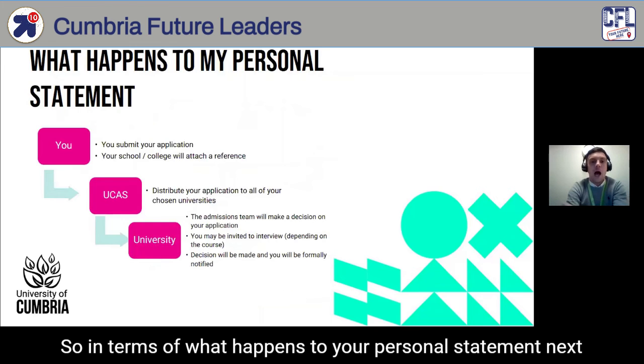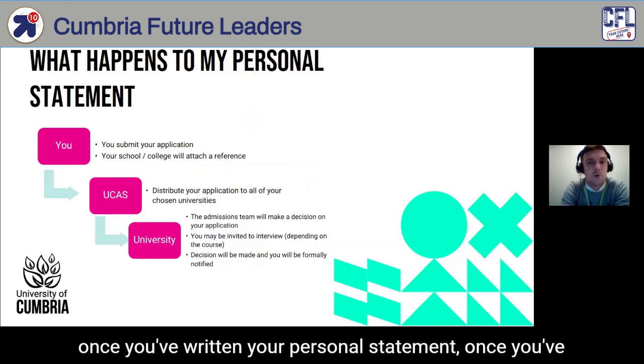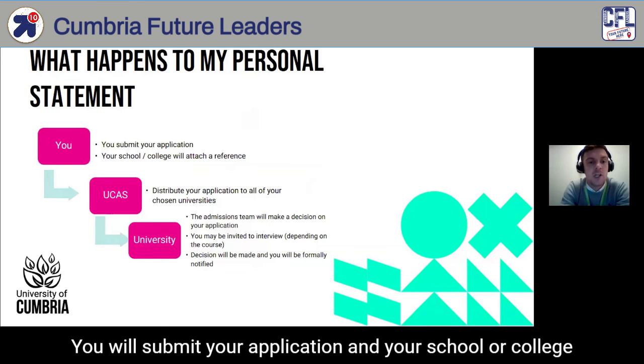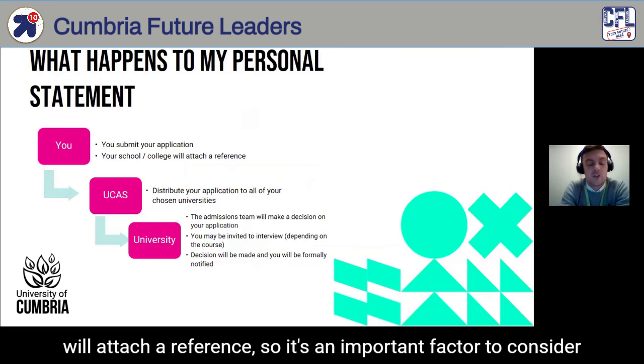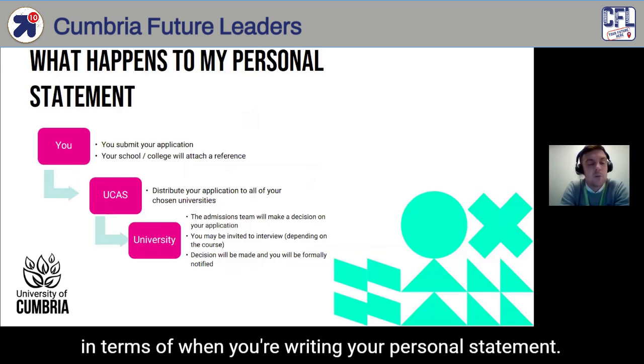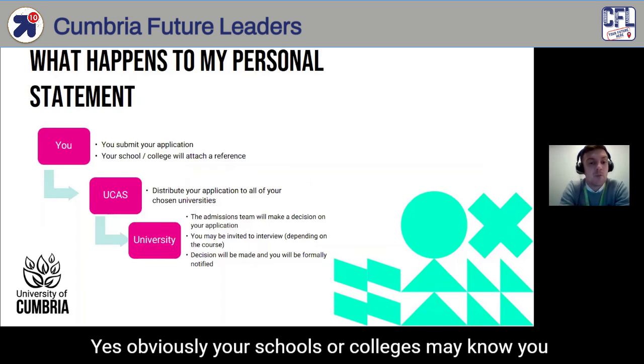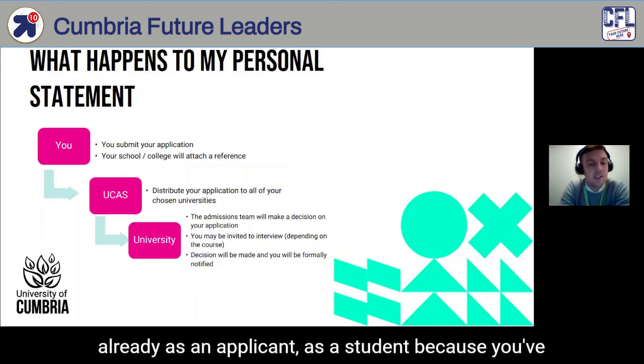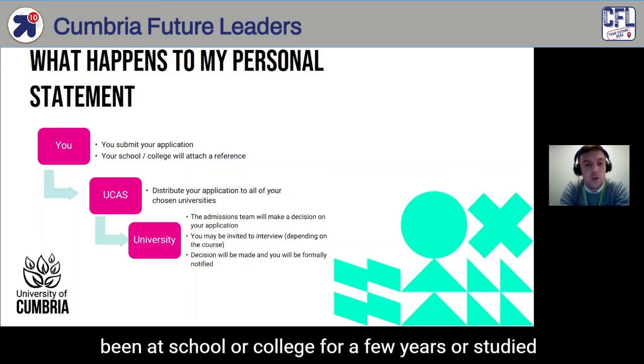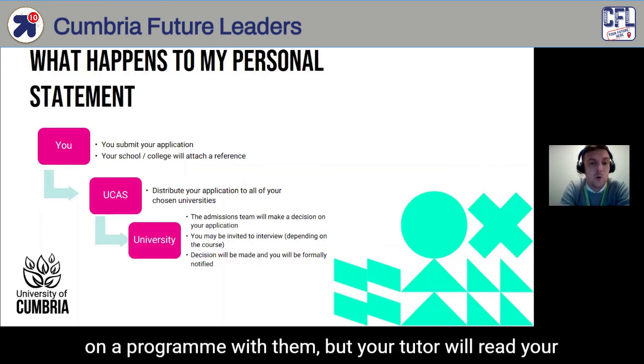So in terms of what happens to your personal statement next, once you've written it and completed your UCAS application, you will submit your application and your school or college will attach a reference. It's an important factor to consider when you're writing your personal statement. Your school or college may know you already as a student, because you've been there for a few years or studied on a program with them.